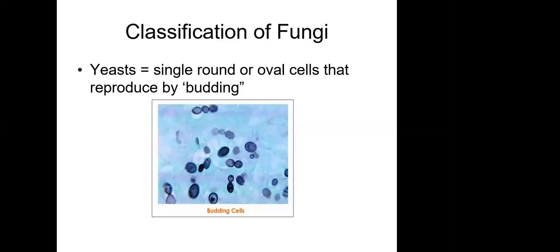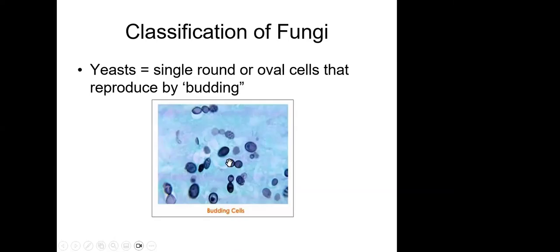Then we have yeasts. Yeasts are budding. They separate just like normal cells do. You can see this cell right here starting to pop apart. There's its genetic material here, and there's its genetic material right there. They push their genetic material to the edge, form that wall in between, and then they pop apart.